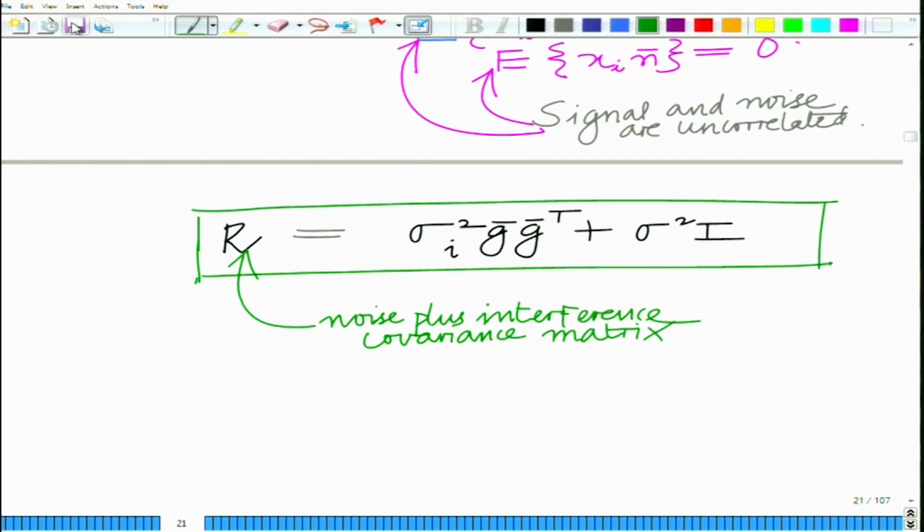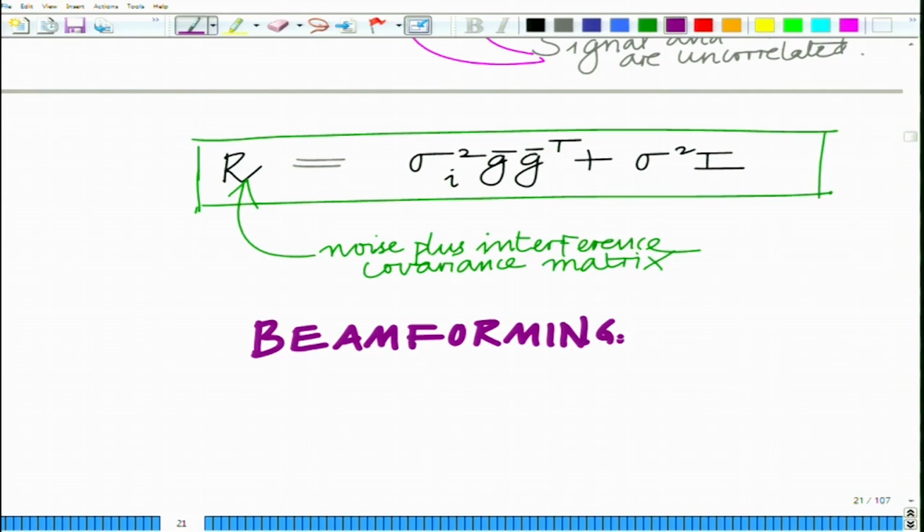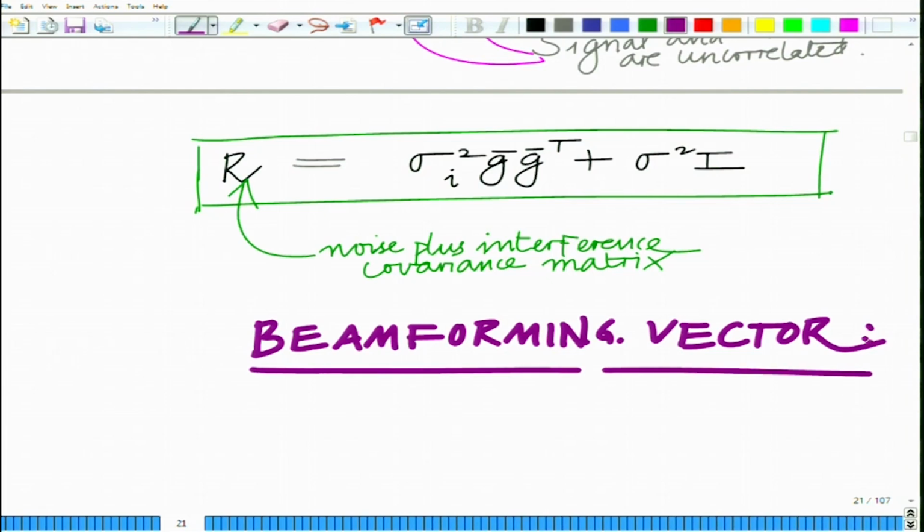Now, again we want to find the beamforming vector W bar. How are we going to find the beamforming vector W bar? Our intention is to now perform beamforming, and for that we need to have the beamforming vector.